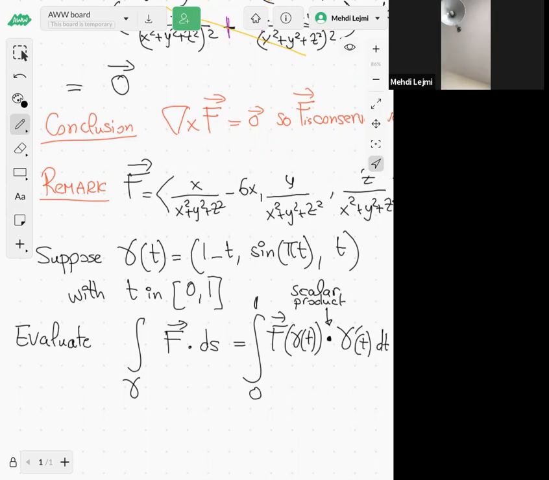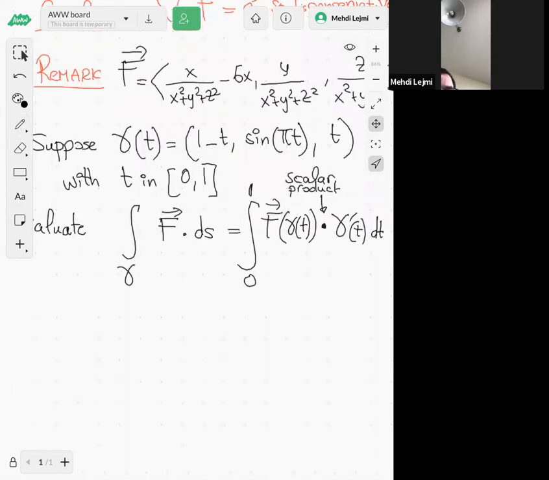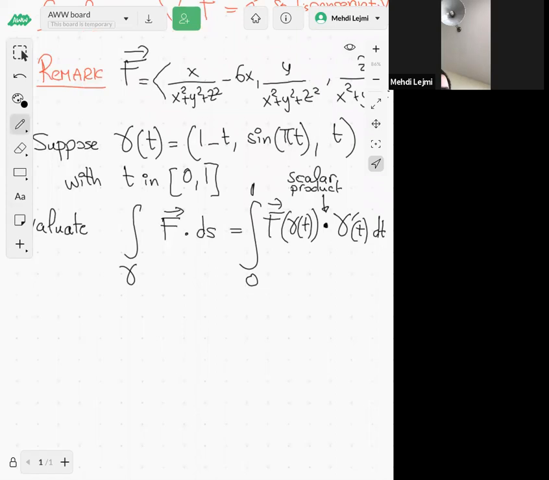So if you evaluate this scalar product of f of gamma of t with gamma prime of t, you're going to end up with the following integral.